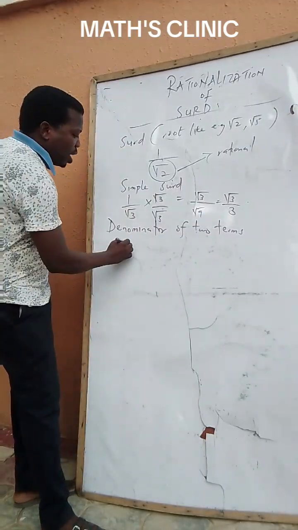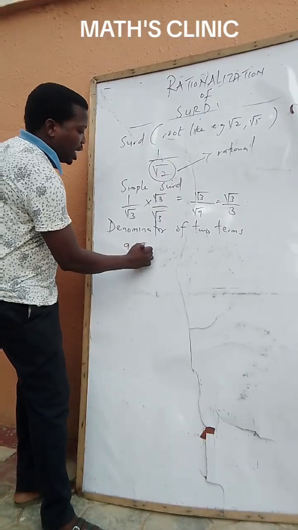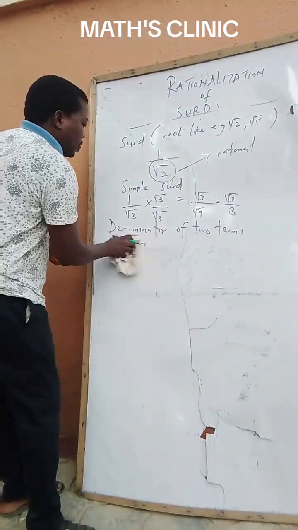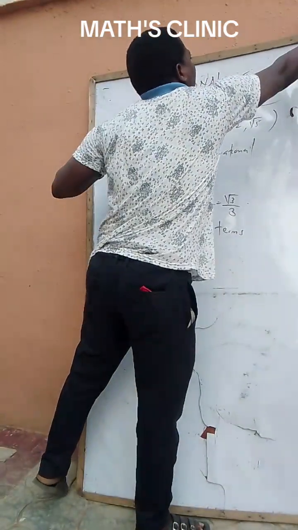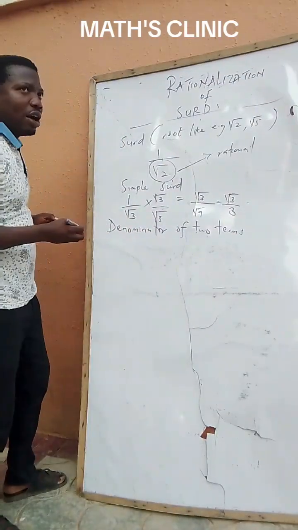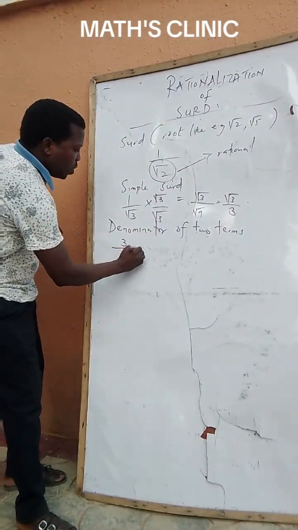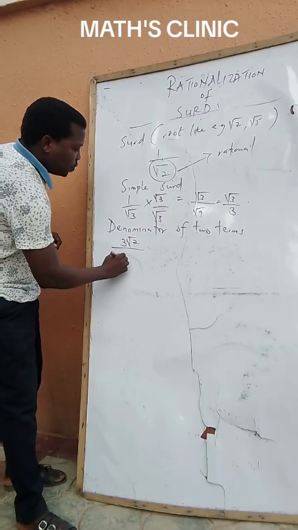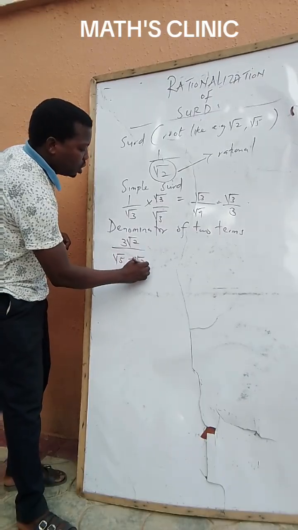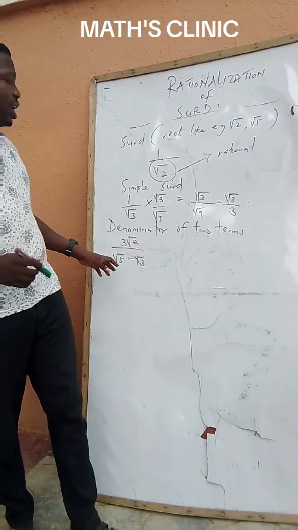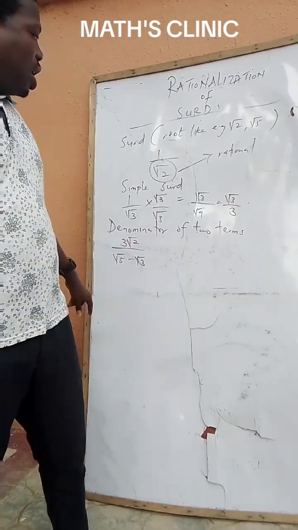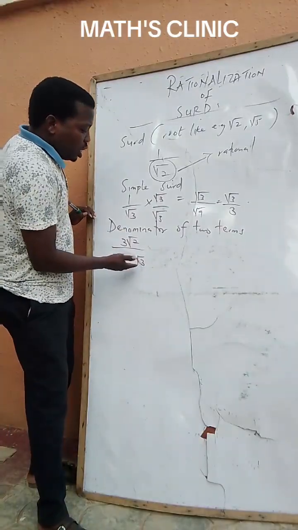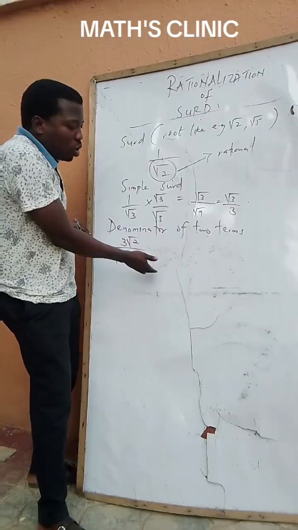Let's say, for example, when we have a minus root b, like this, is 2 terms. Now let's take, for example, 3 root 2 over root 5 minus root 3. Now when you are rationalizing with denominators of 2 terms like this, we are going to still use the denominator to multiply both the numerator and the denominator.